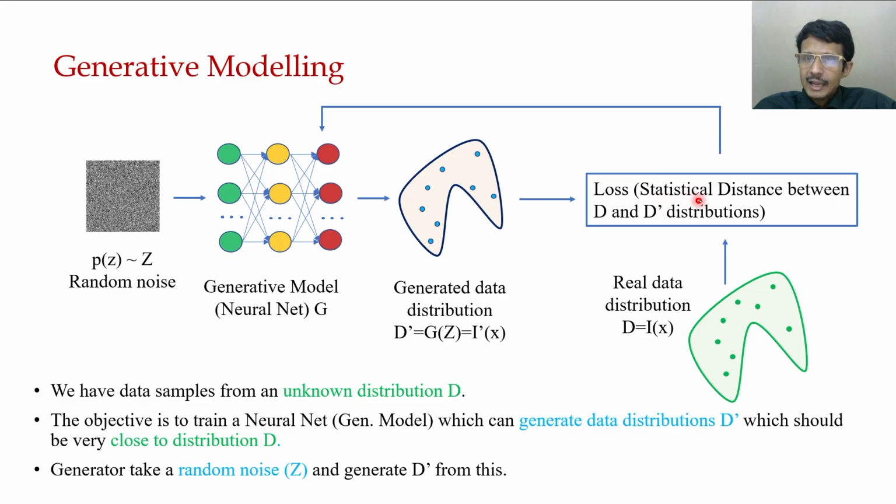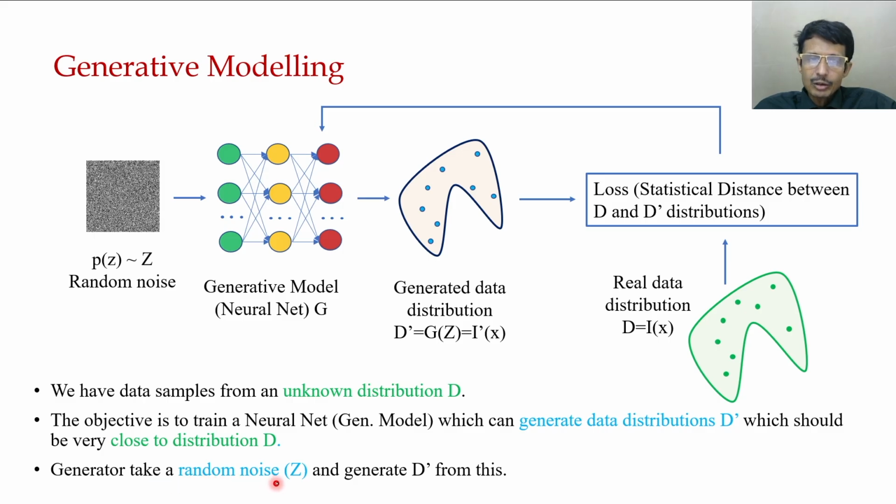The loss is basically the statistical distance between D and D bar. If we minimize this loss, then the distribution D bar becomes close to D, and the generated samples become more and more alike the real data samples.